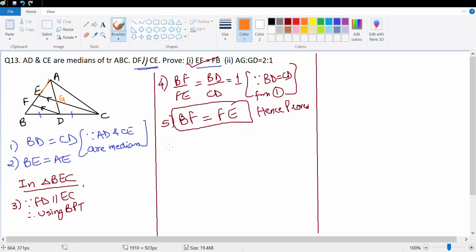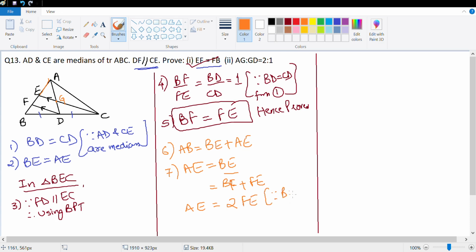AB is equal to BE plus AE, correct? And AE is equal to BE. That's also fine. BE is equal to BF plus FE, which means AE is equal to 2 times FE, since BF is equal to FE. So AE is 2 times FE.